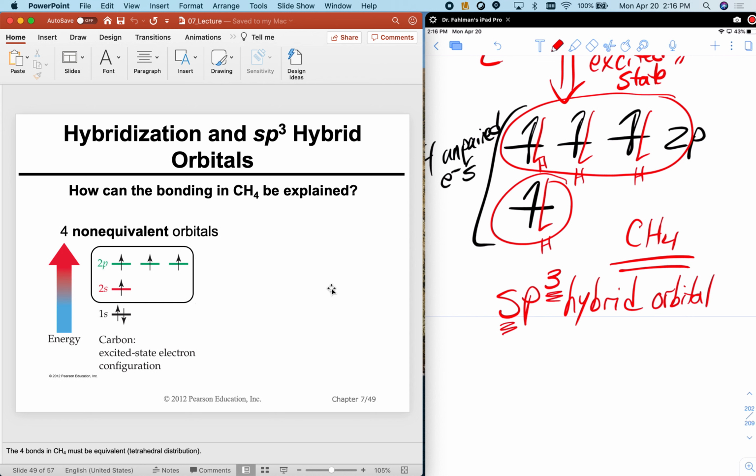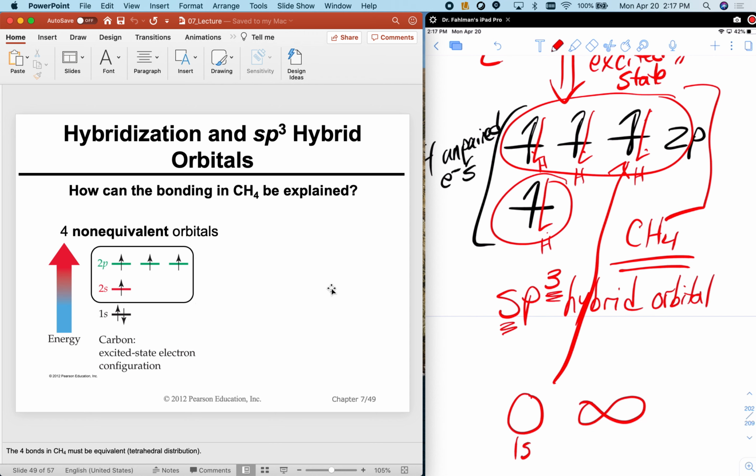So what happens is, if you were just to do this scenario, where hydrogen orbitals would overlap with different p's and then with an s, you would have different types of bonds, right? For instance, this might look like this, where you've got a hydrogen 1s that overlaps with a p on carbon, so that would be the 2p.